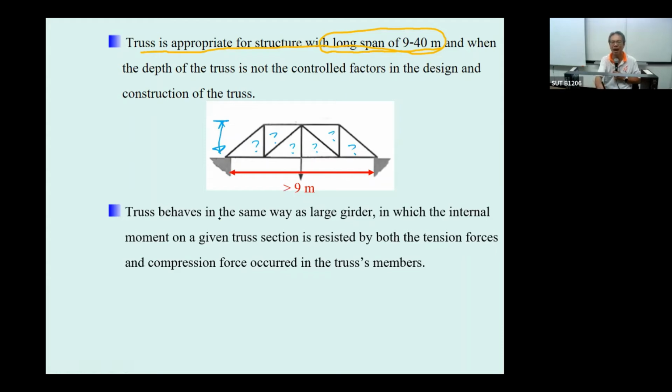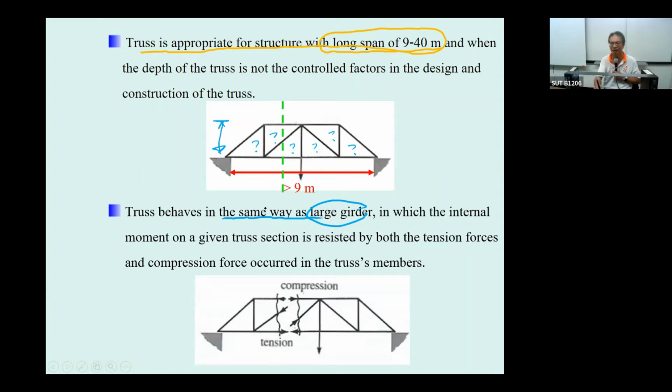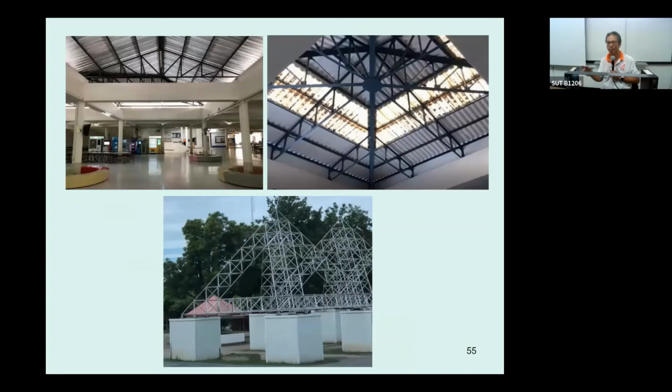The truss behaves in the same way as a large girder. The top member takes care of the compression, and the bottom member takes care of the tension. This is the way we use the material more effectively compared to the beam. Again, if you come to SUT, you may see this roof truss.